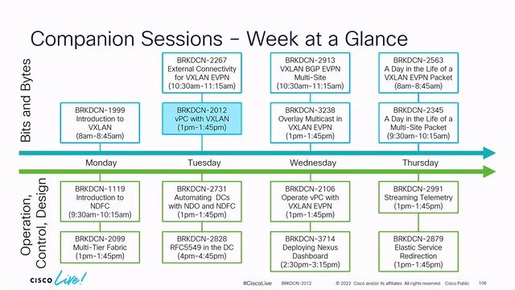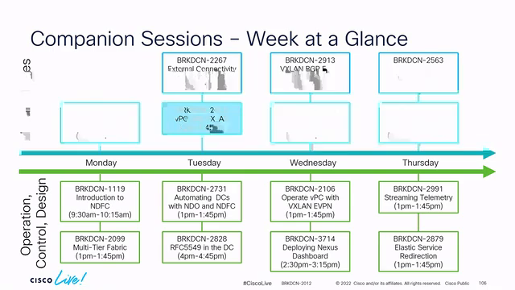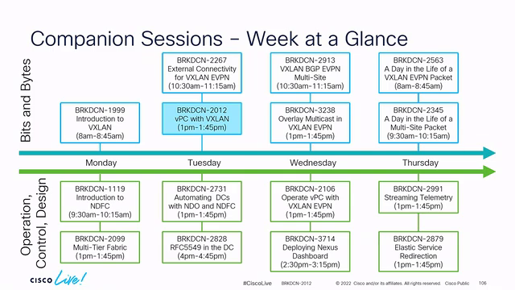And if you build it with IPv6, you can use RFC 5549 to reduce the amount of IPv6 addresses which you use. As well, Lucas, it's on Friday at 8 a.m. It's talking even more in detail about type 2 routes, type 5 routes, and as well the packet walk there. So go ahead and look at that session. It will be useful to understand VXLAN in even more detail.